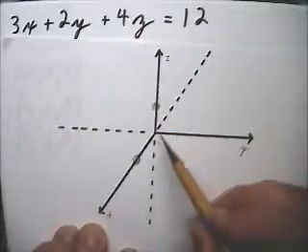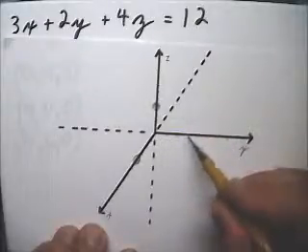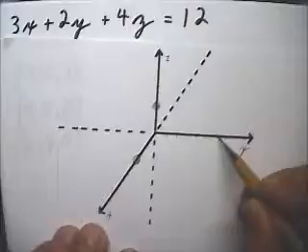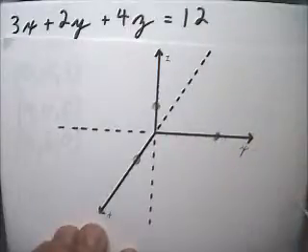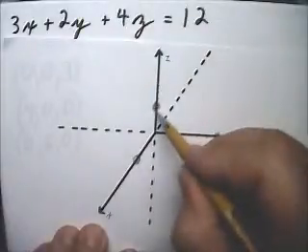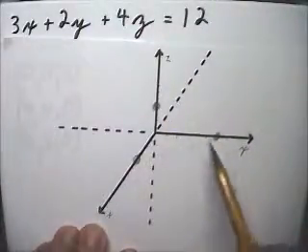So x is 0, y is 6. Okay, so I've graphed the 3 points.